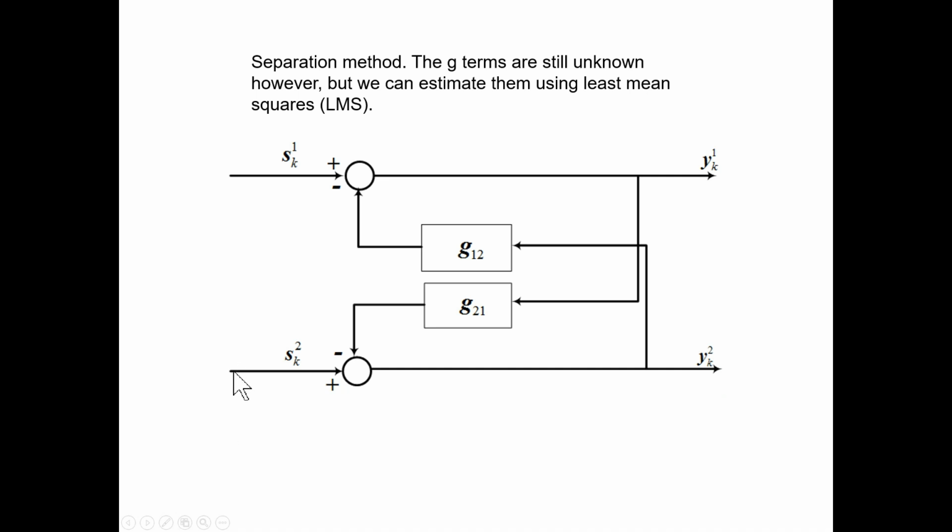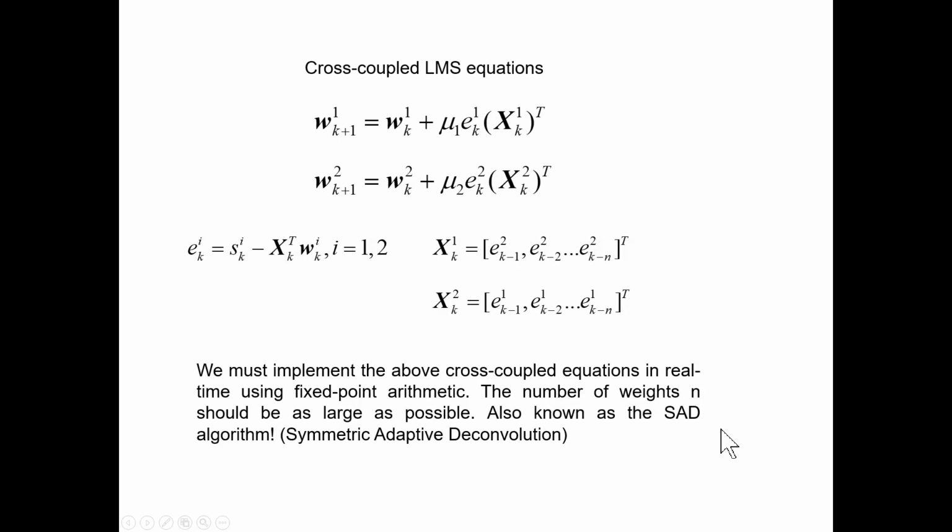And then this is the unmixing model. If only you had G12 and G21, that's all you needed. Apply this geometry: you put your corrupted speech in there, your mixtures from the two received microphones, and out comes the separated speech. That's the maths behind it: two least mean squares algorithms.